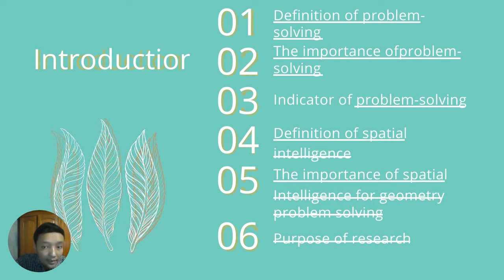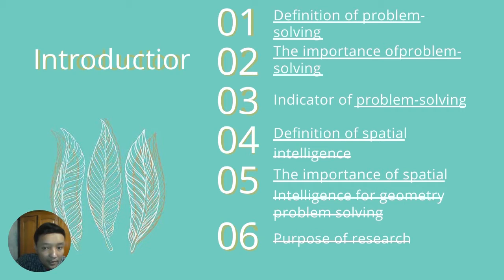Then the definition of spatial intelligence. Spatial intelligence is a person's ability to recognize an object or pattern accepted by the brain to describe.